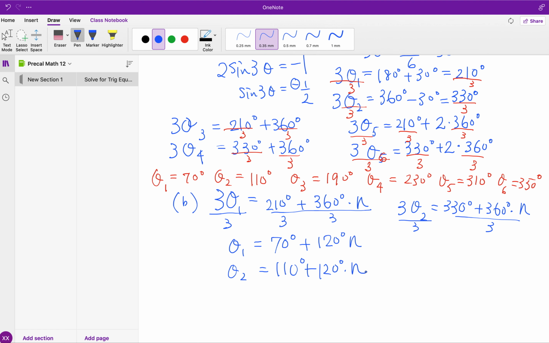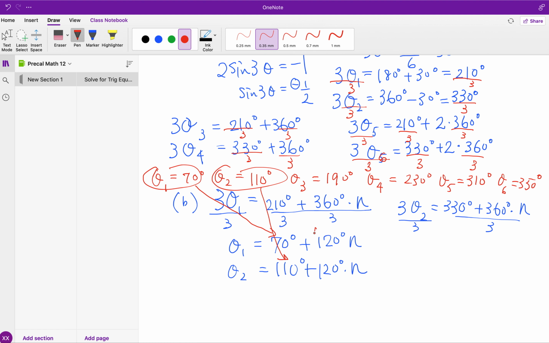So note, if you get theta 1 and theta 2 here already by dividing by 3, then you can see in the general solution that this is 70, and here this is 110. The general solution is still 110 for theta 1 and theta 2 without the 3.